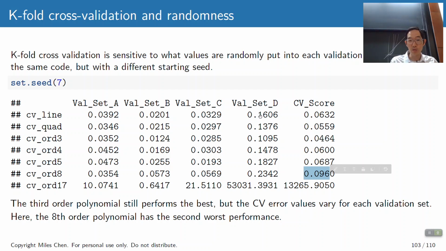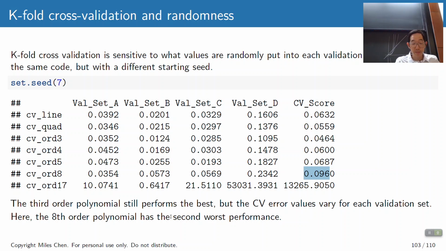Especially if you look at validation set D, it happens to have the weird outlier point, and for the 17th order polynomial something crazy happened, 53,000 or whatever. It doesn't really matter, the 17th order polynomial is a joke anyway. But we can see this ended up way bigger, so the cross-validation score for the 8th order polynomial is way off.